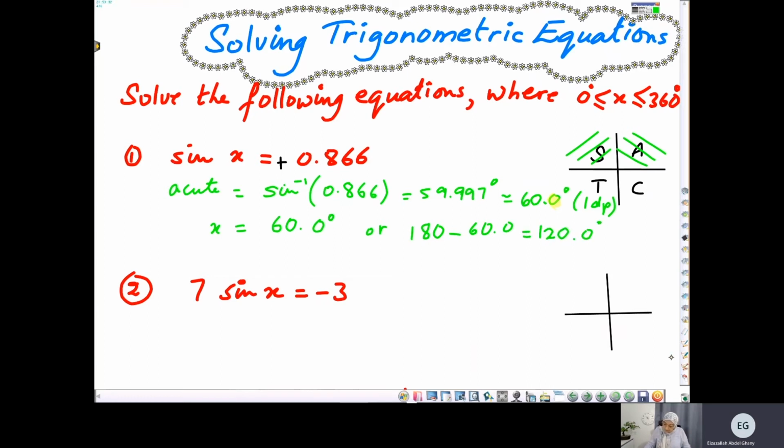Remember the 0, and here are your two answers, and you achieved the full mark. Ta-da! Remember, if you are in this quadrant, you take theta. This quadrant is 180 minus theta. I mean 180 minus the acute.